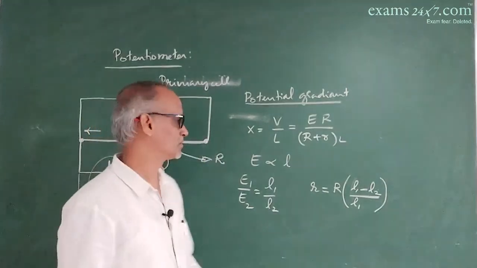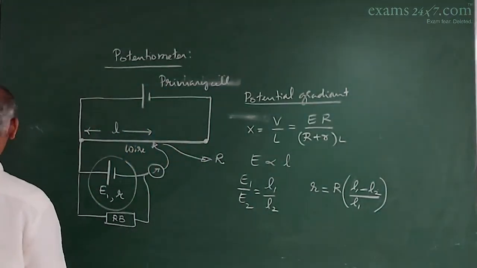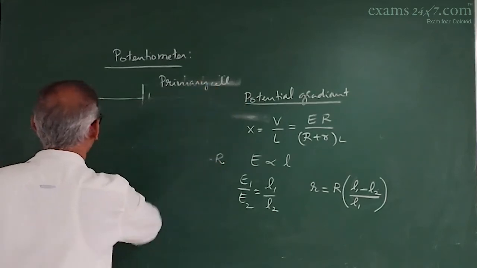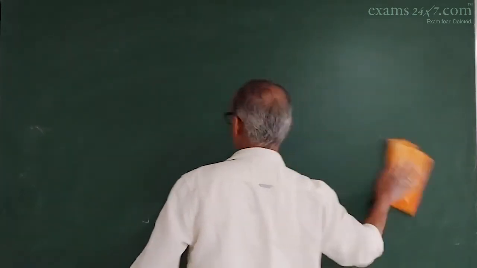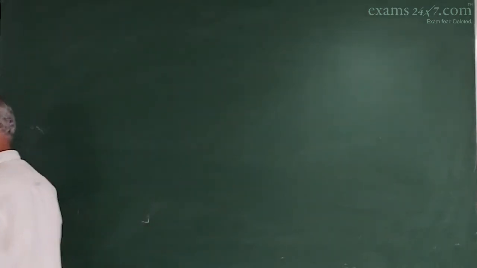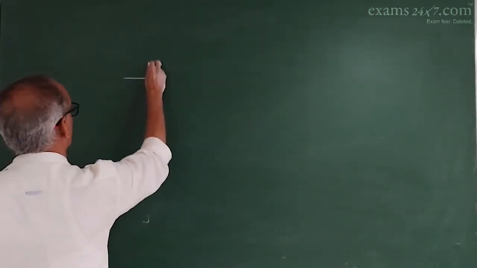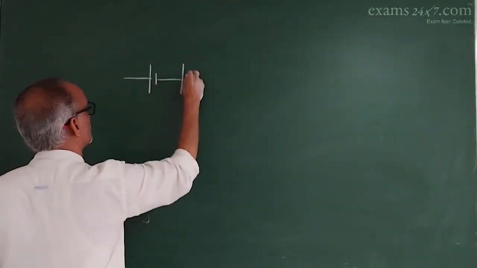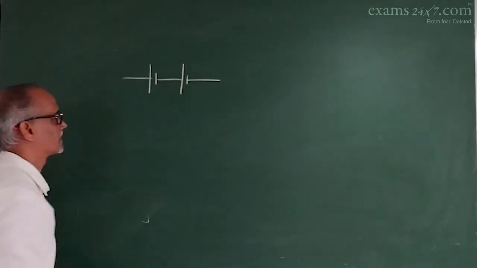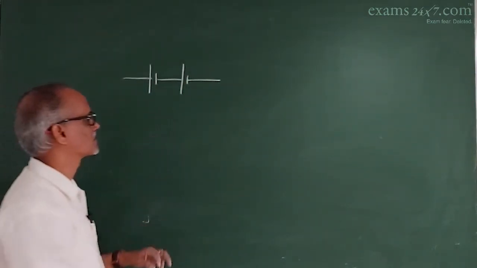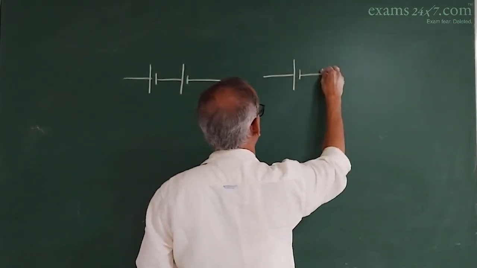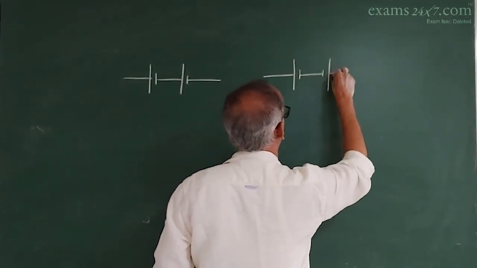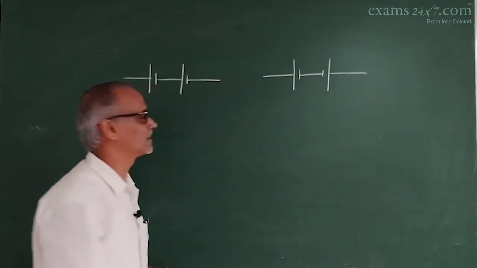Now using the potentiometer, you can even find the ratio of the EMFs by connecting two cells simultaneously. That is, we connect the cells in series, and then by connecting the same cells in the reverse polarity.